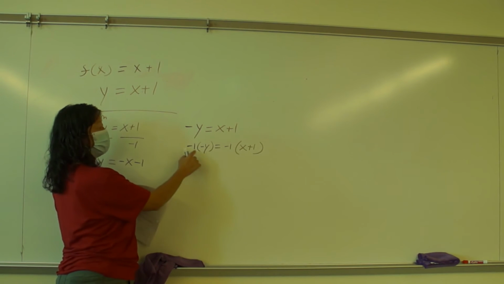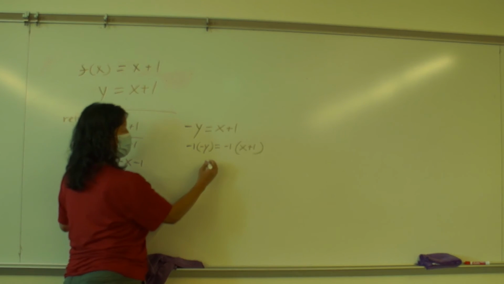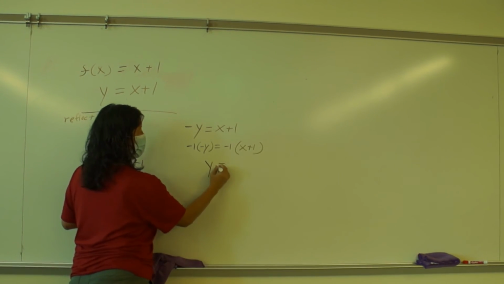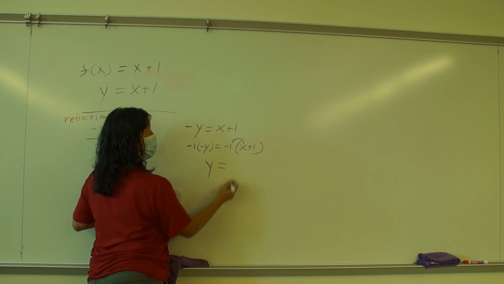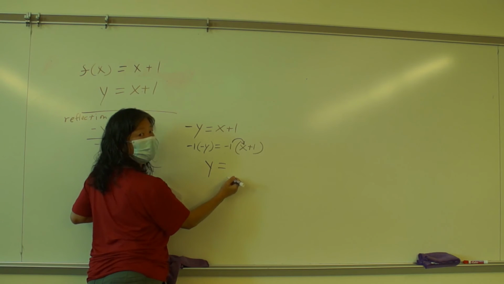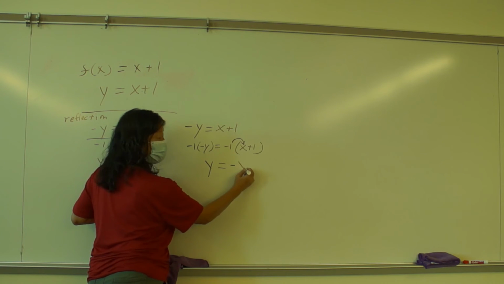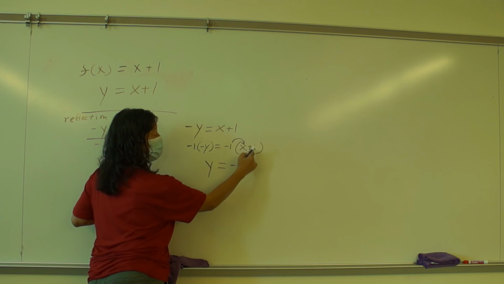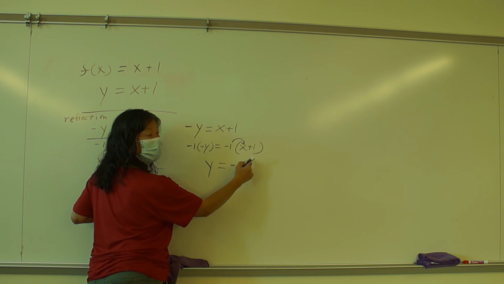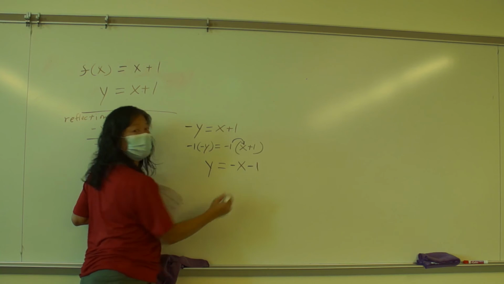So -1 times -y is y. And then here I have to distribute. -1 times x is -x. -1 times +1 is -1.